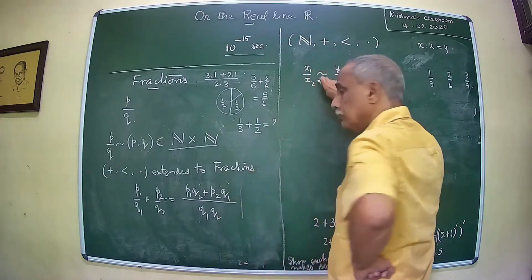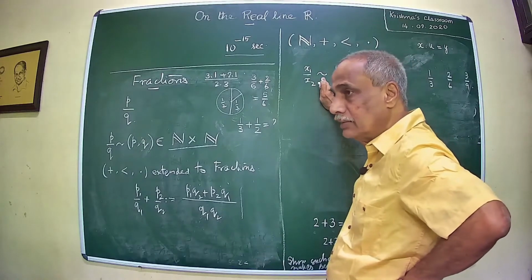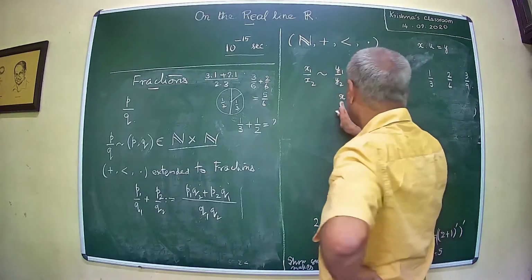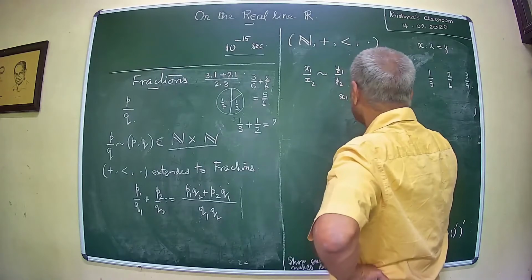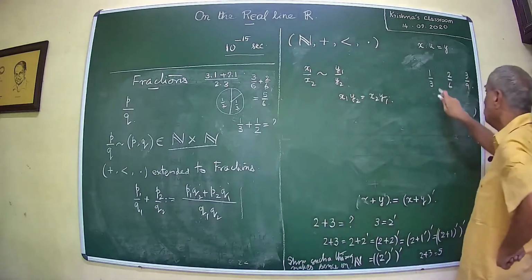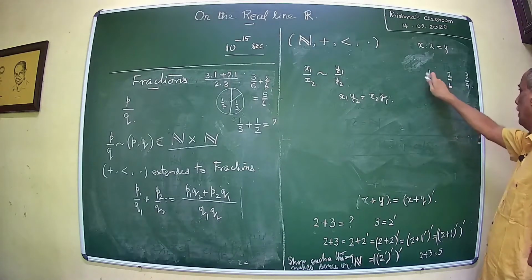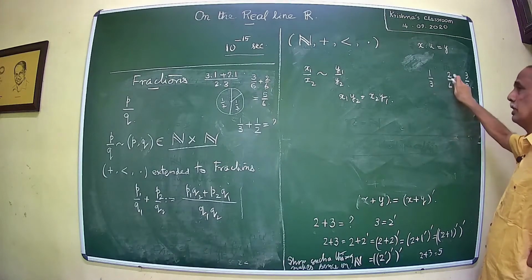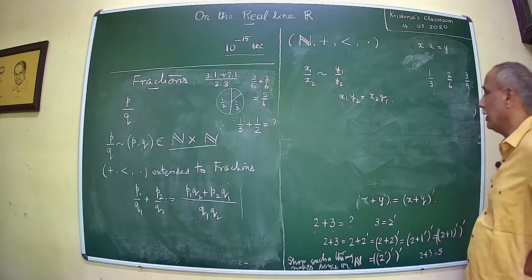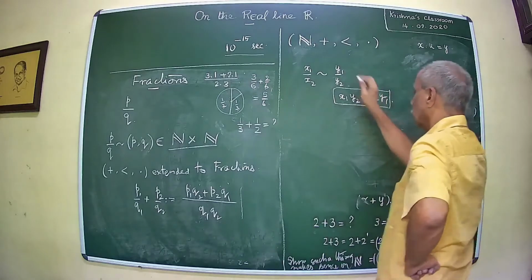I don't write them equal, I am writing they are equivalent provided x1 y2 equals x2 y1. That's what you have. 1 by 3 is equivalent to 2 by 6, because 1 into 6 is equal to 3 into 2. Okay, so this is the condition for equivalence.